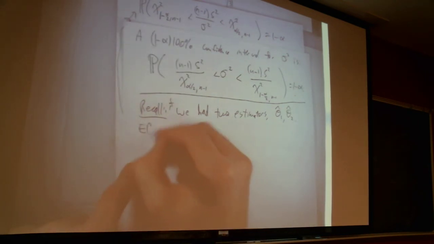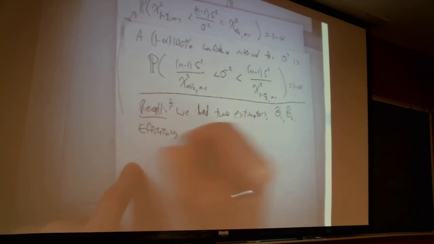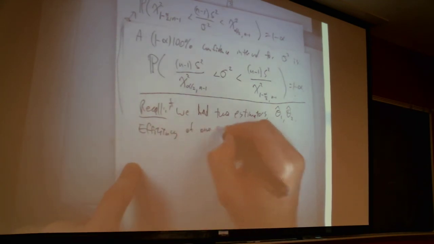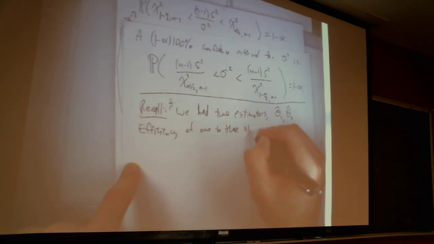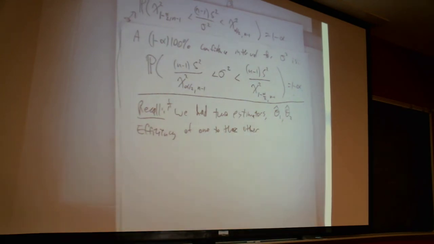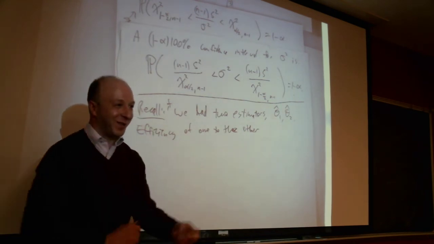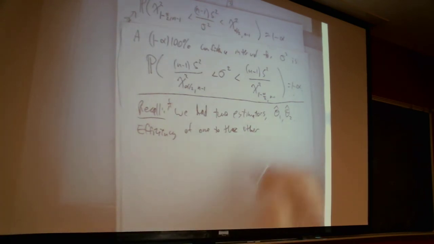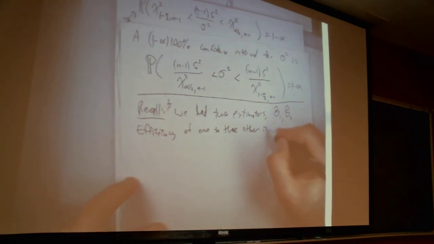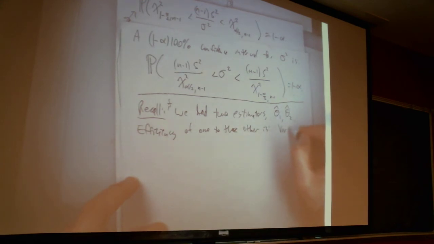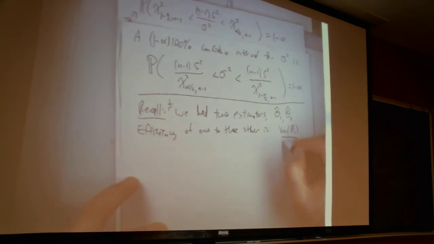So the efficiency of one to the other, and I won't specify which one is 1 and 2, so that I'm safe, regardless of which book you're reading, is the ratio of the variances. So the variance of theta 1 to the variance of theta 2.